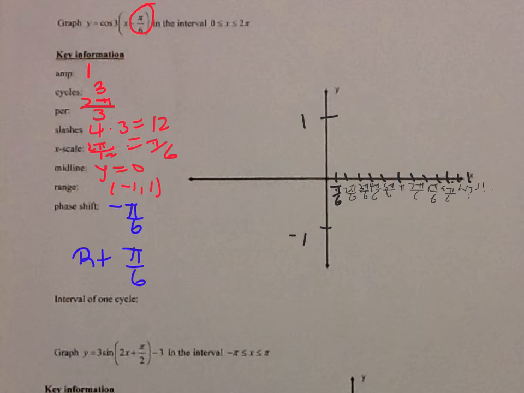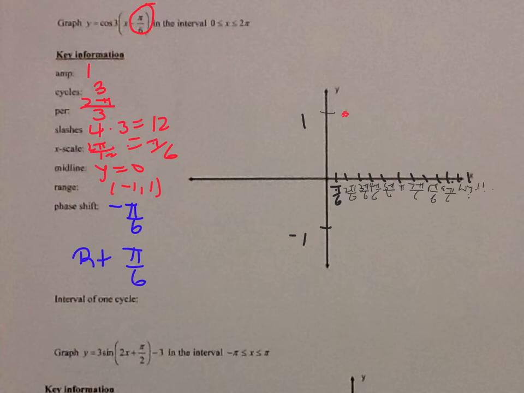Okay, so now let's see what we're graphing here. So I'm graphing a cosine curve. So cosine, and it's positive. So I would start up at my max here. Okay, but I need to shift to the right by pi over 6. So instead of starting at 0 at 1, I have to start at pi over 6 at 1. So I'm not starting at 0. So let me get rid of that.